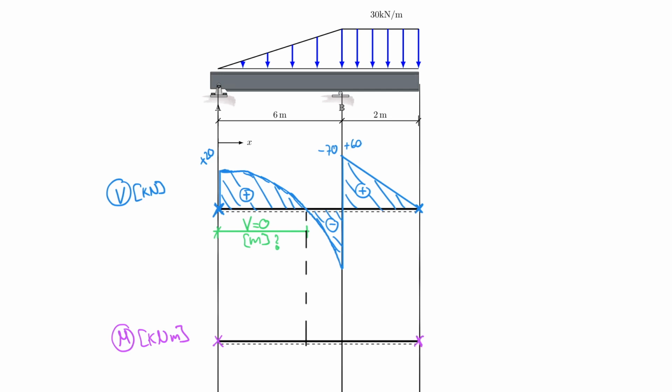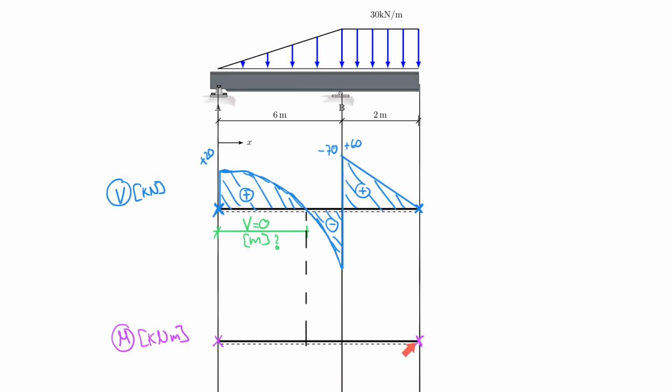And I know that I have a maximum somewhere here. I know that that maximum must be positive for multiple reasons. Number one, I can see it here in the slope, but also this beam is smiling here, which is opposite to what's going on here on the right side. Here the beam is frowning, right? So I actually have a negative moment there, and the moment must be parabolic.